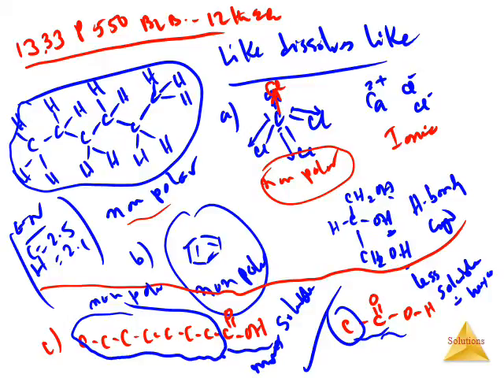If you have a large alkyl group, that part would be nonpolar, would not be attracted to water, but would be attracted to nonpolar solvent. And in this particular case, we have nonpolar hexane, and that's why the overall molecule would show much greater solubility in hexane.